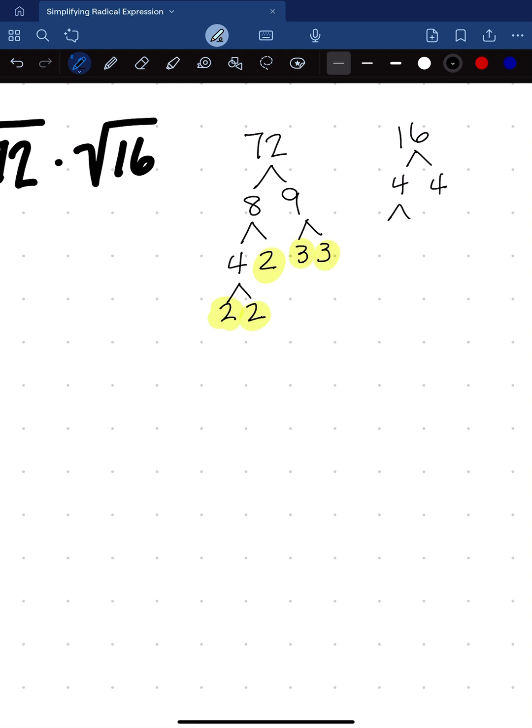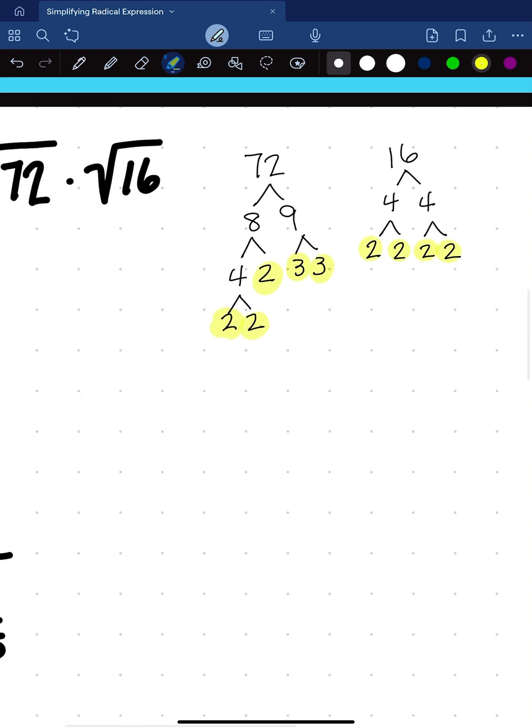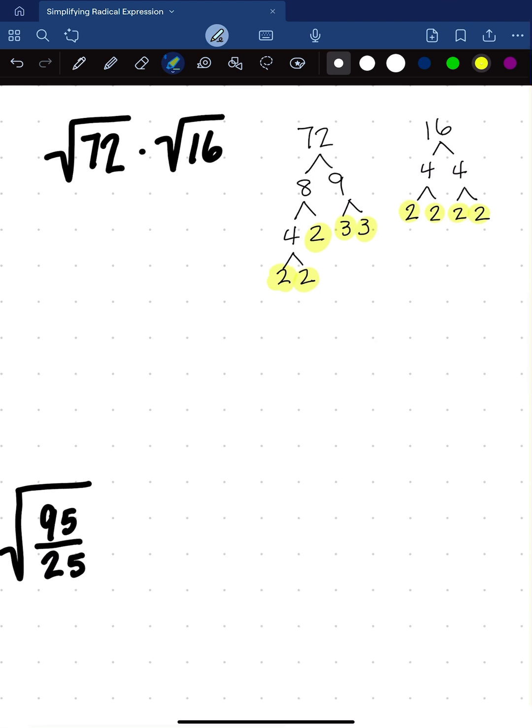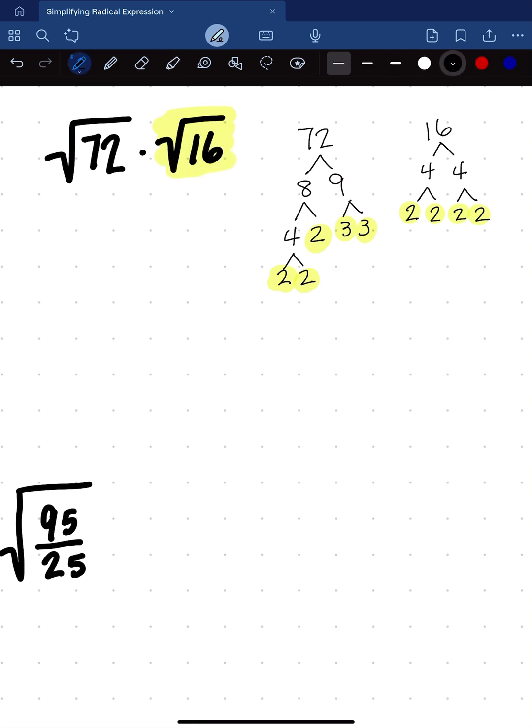It really doesn't matter how you break it up, because at the end you do end up with the same factors. So for 16, I have four 2s. If you recognize perfect squares, you might have already noticed that 16 is a perfect square, and the square root of 16 is simply 4.